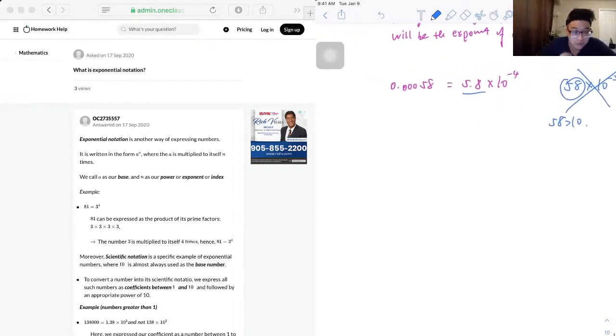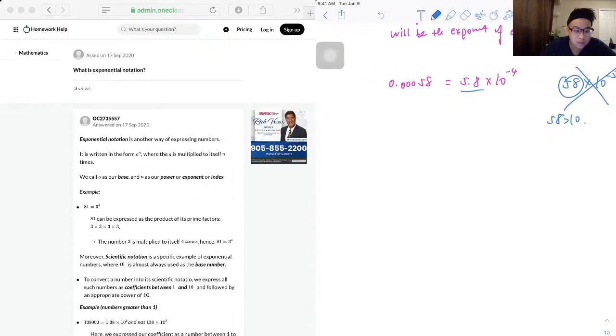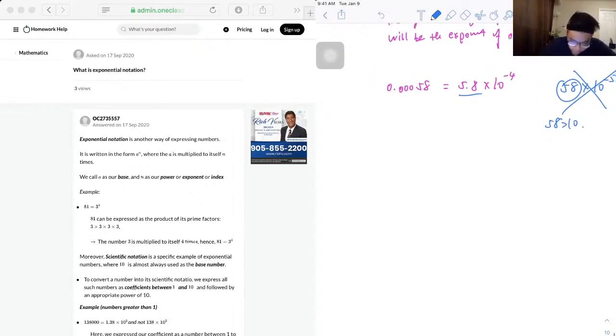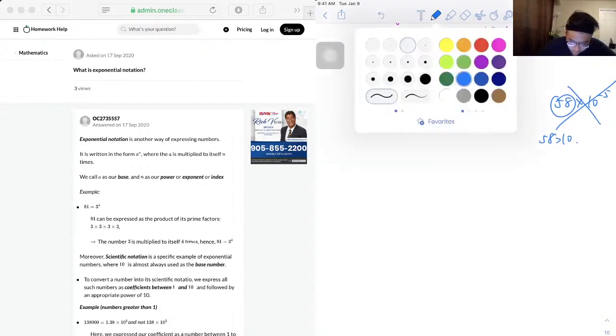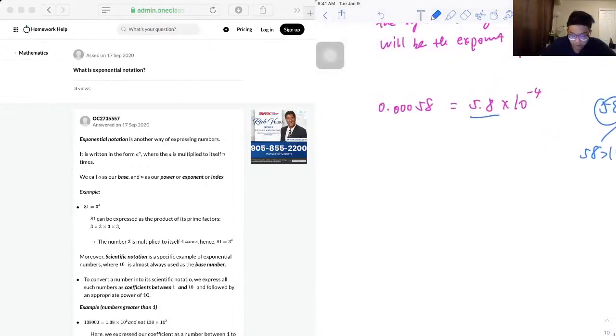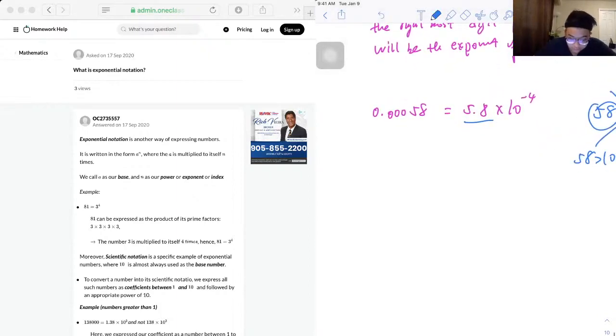So let's do the decimal moving. Okay. So in order to get 5.8, we need to move the decimal point to the right for a certain number of units.